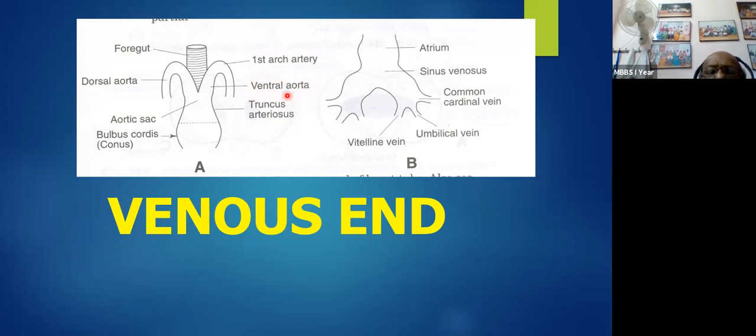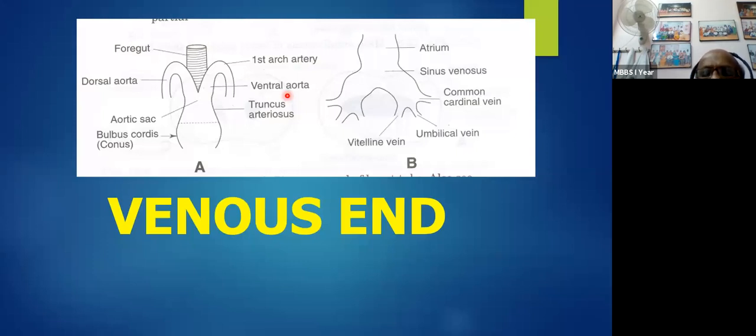What is the ventral aorta and dorsal aorta? In adult life, we have only one aorta, which is divided into ascending aorta, arch of aorta, descending thoracic aorta, and abdominal aorta, and it is on the left side. But during development, 2 aortae are formed. That aorta is formed in the posterior abdominal wall, on the dorsal aspect, which is why we call it the dorsal aorta.